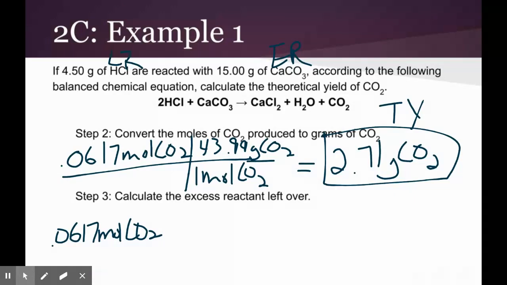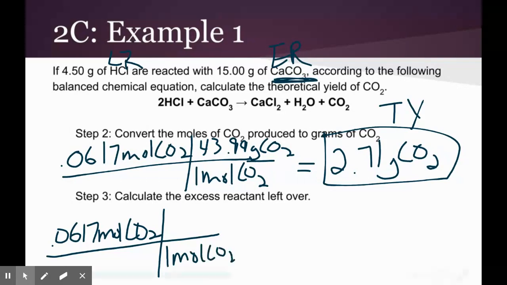Now we want to take moles of CO2 and convert back to our excess reactant, moles of CaCO3. So there's 1 mole of CO2 in the equation and 1 mole of CaCO3.